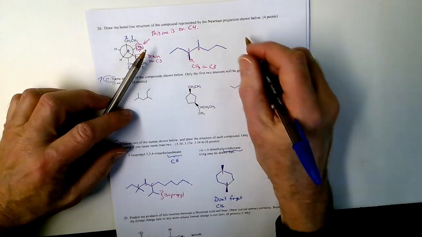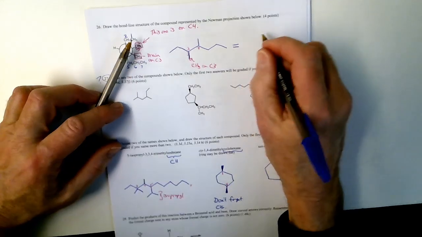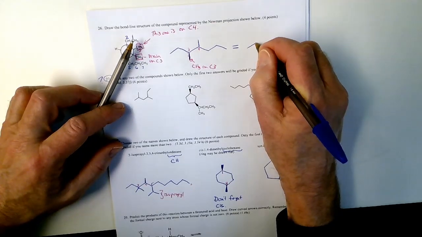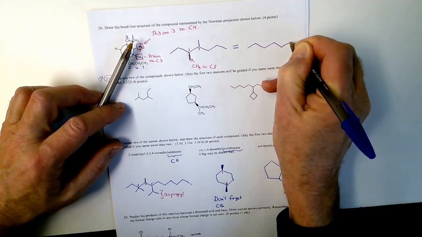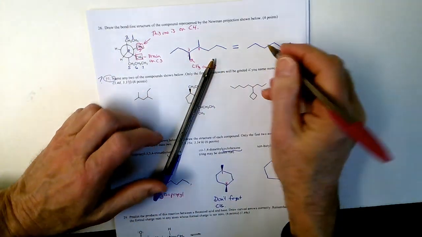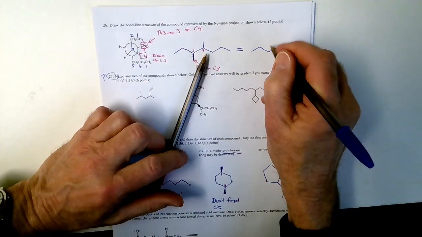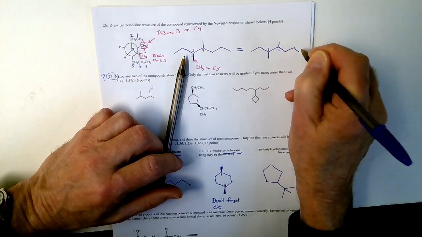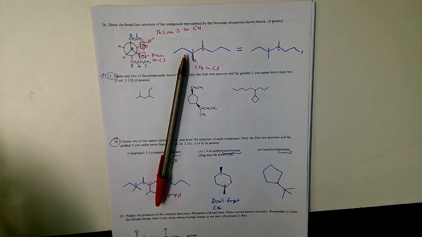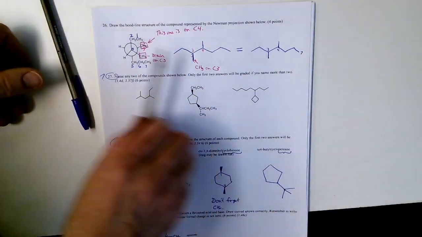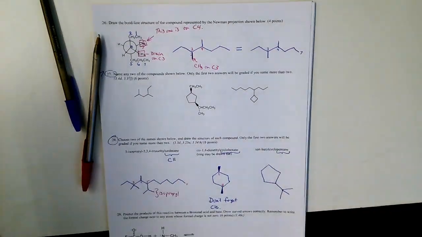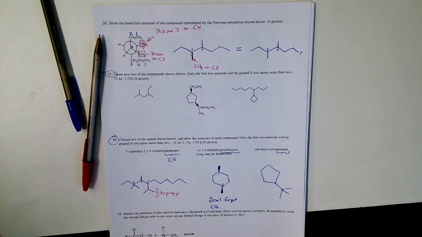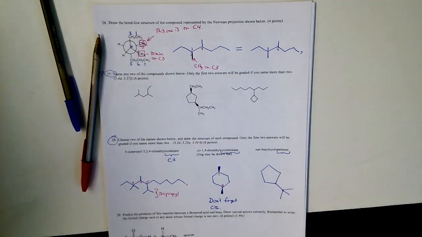All right, then let me simplify that. 7 carbons, 2, 3, 4, 5, 6, 7. And all you're looking at is that and that. There's 3, there's 4, there's 7. Not that complicated once you draw it out, as not many numbers, just the minimum number of carbons you can get away with.